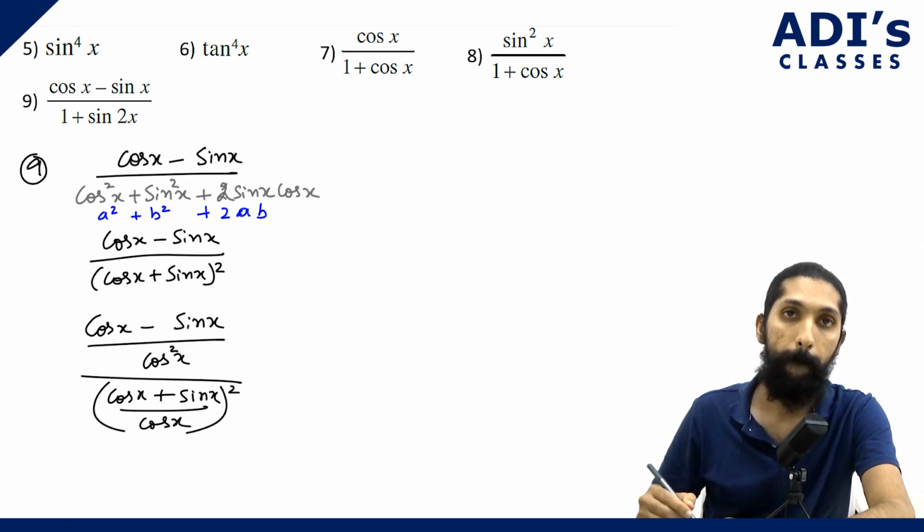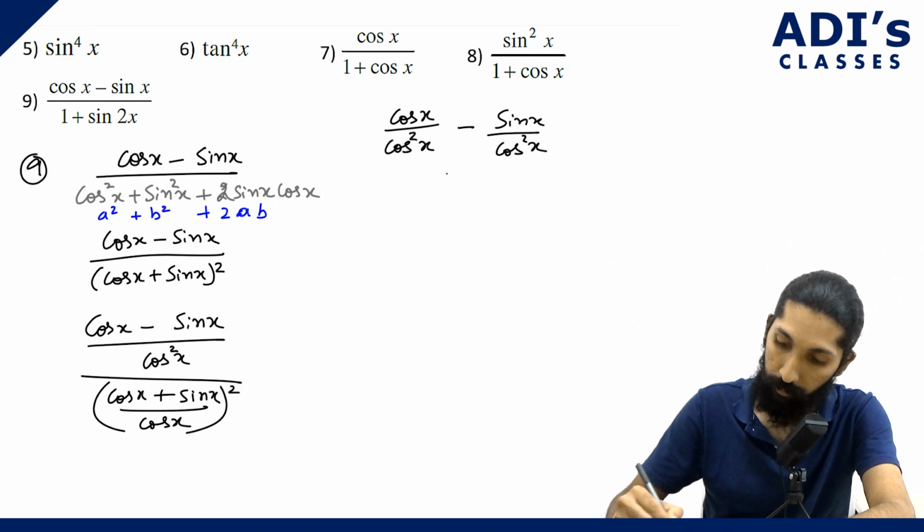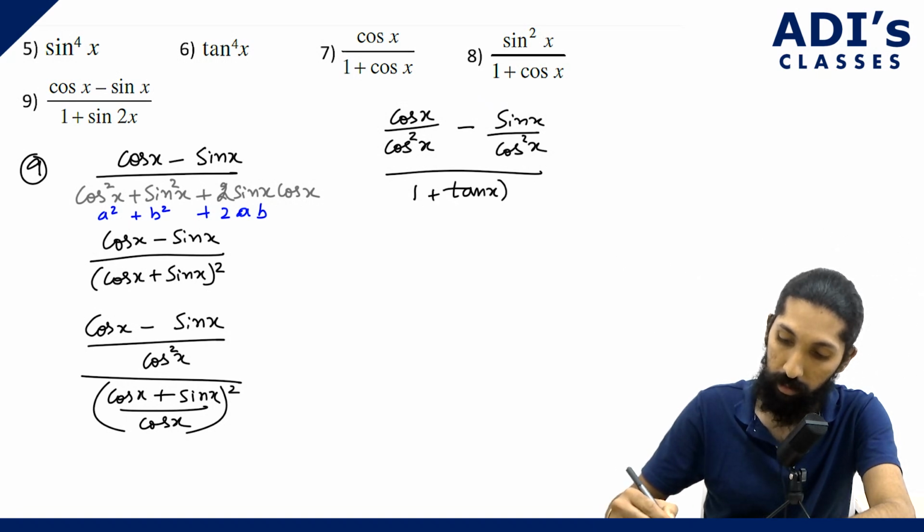So, you will have cos x by cos square x minus sin x divided by cos square x, divided by 1 plus tan x whole square.